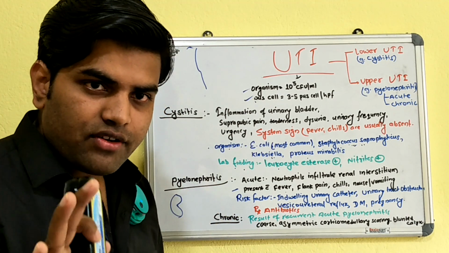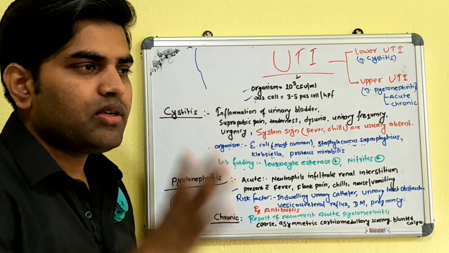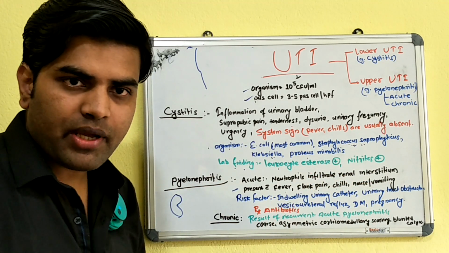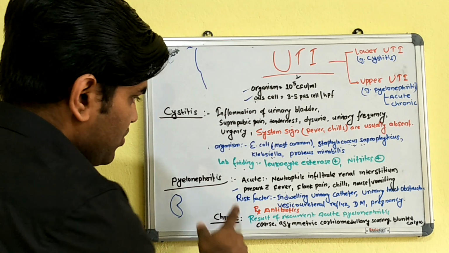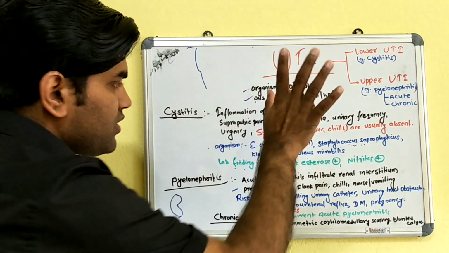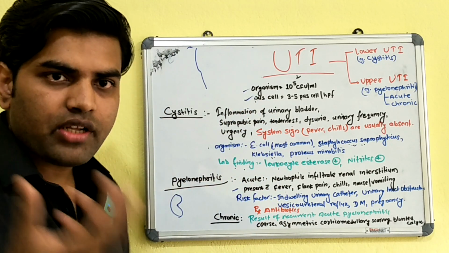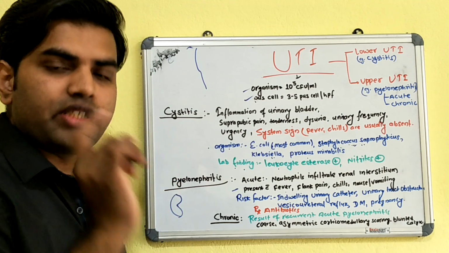You have to diagnose clearly, because pyelonephritis is a very simple diagnosis. A patient with systemic symptoms like fever, chills, nausea, vomiting, flank pain, and renal angle tenderness, and on examination the urine culture organism will be positive. When we examine the urine under the microscope, there will be plenty of pus cells, plus there will be WBC casts.